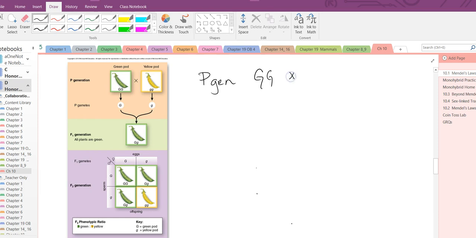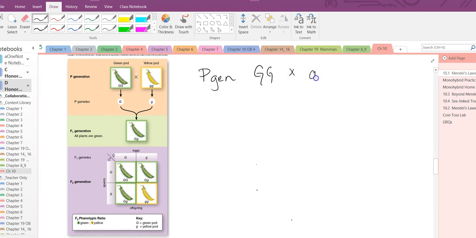If you cross it with a purebred yellow, that means both parents gave you the same allele, and because it's recessive, we use a lowercase letter. That means that when these organisms go to make their sperm and egg, this organism can only pass on a capital allele. This organism can only pass on a lowercase allele.